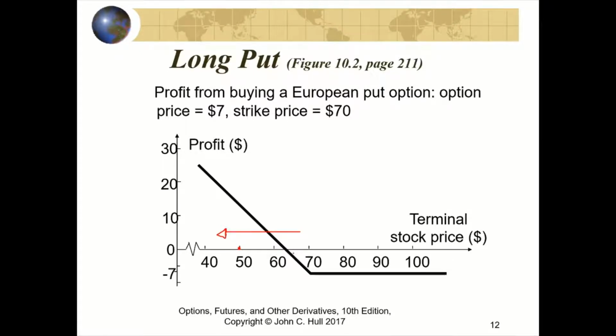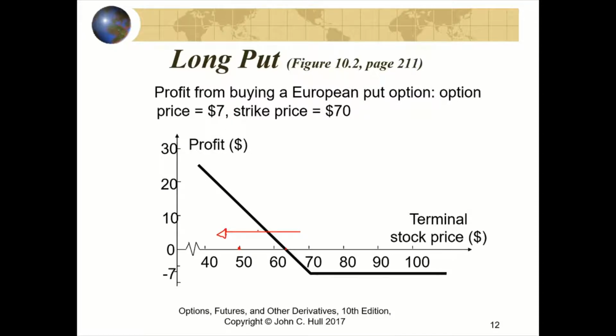Okay, let me ask you this question. At what price will the long put break even? So remember that when you have a long put option, you will receive 70 if you exercise, and you paid 7. So at the price of 63, the long put option will break even.